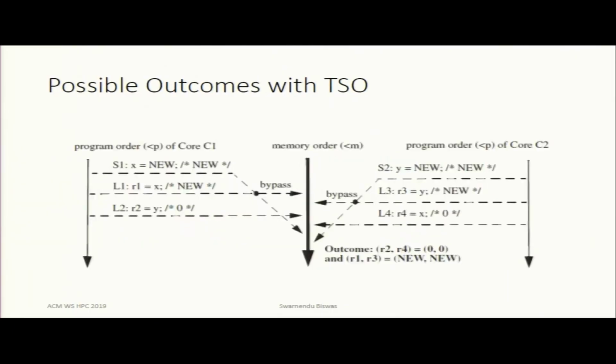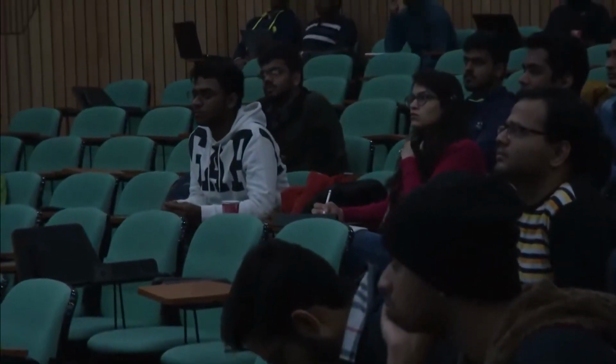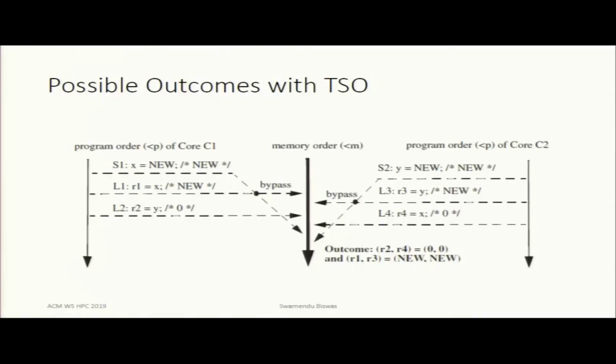Okay, so let us look at this case. So this is one possible outcome, right? I have program order for C1, I have program order for C2, right? In SC, program order has to be respected. So these are the program orders, and this middle line is the global interleaving.